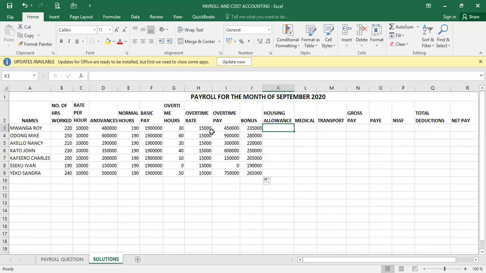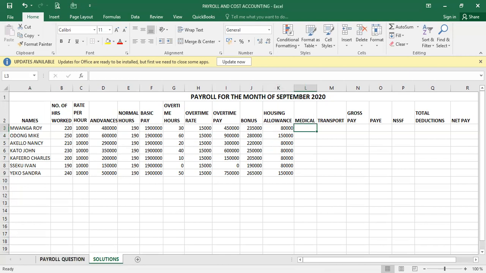Odong is going to receive 150,000, and Yeko Sandra is receiving 150,000. These ones are receiving 80,000, so you can scroll here and fill the 80,000. Yeah, that one is done.